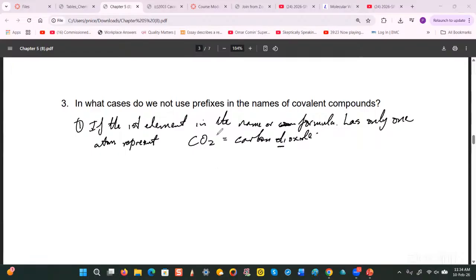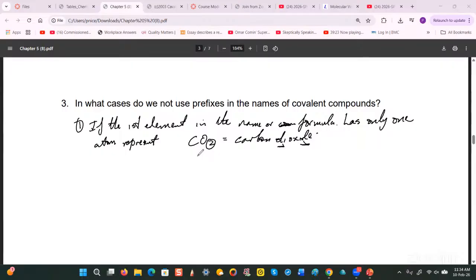There's a di indicated because you have 2 oxygen, right? And one more thing I should mention, which I probably didn't mention before, the ide ending should also be in place, just as in the case of binary ionic compounds. So this is one example where the first element in the name and in the formula has only one atom. Therefore you do not use mono to indicate that there's only one atom.